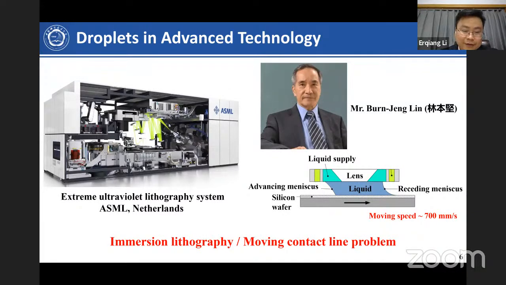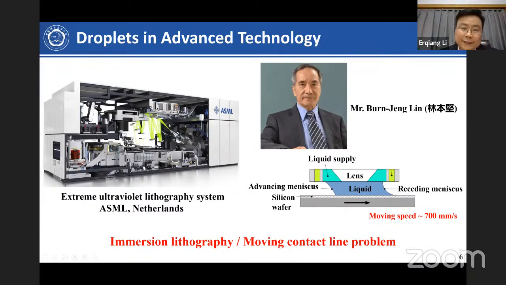But one very challenging problem is that this meniscus has to move together with the lens at a velocity of about 0.7 meters per second, which is a very high velocity. And during the process, it should not leak. So actually it is a fluid mechanics problem, also called the moving contact line problem.